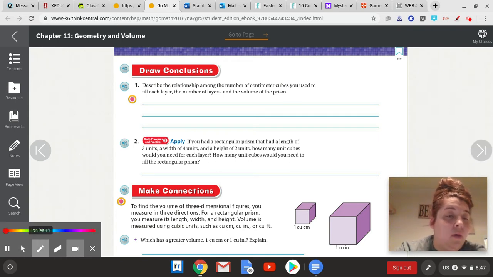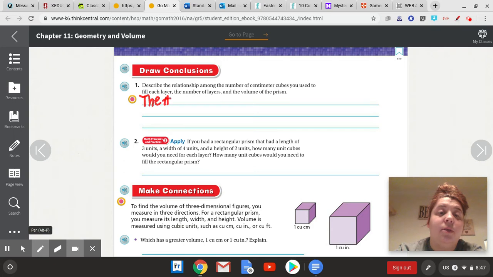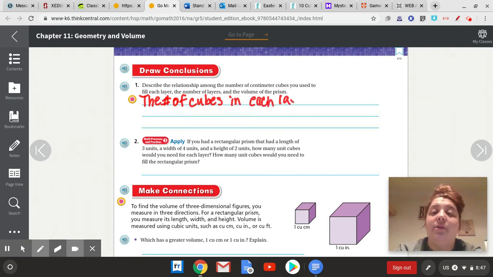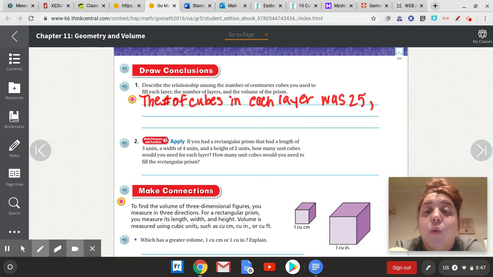All right, so the number of cubes in each layer, we'll answer that part of the question first, was 25. Okay, so it's the first part of your question. But then it asks you about the number of layers.